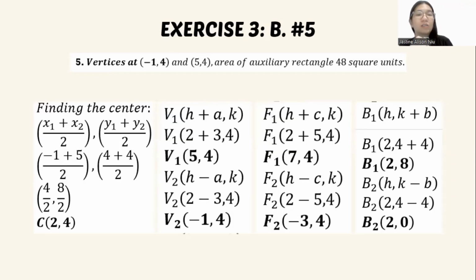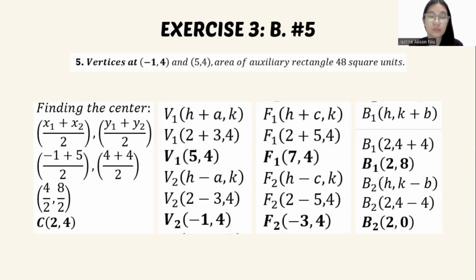We will find the center. The formula of the center is quantity x1 plus x2 over 2 and y1 plus y2 over 2. Then substitute the numbers: negative 1 plus 5 over 2 and 4 plus 4 over 2. Simplify it, 4 over 2 and 8 over 2. By using division, the center will be 2 and 4.